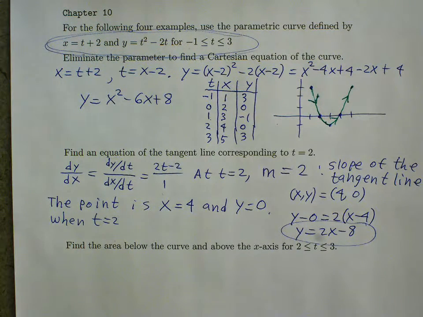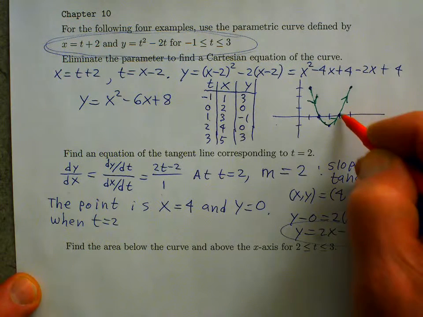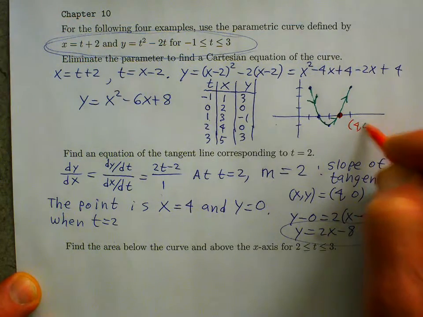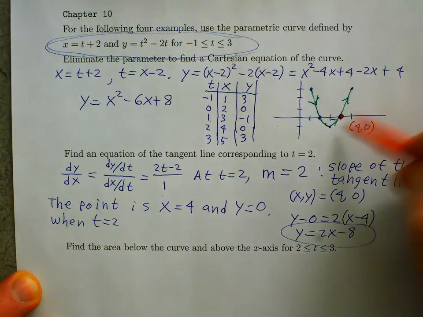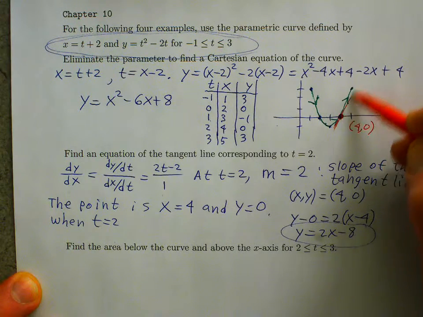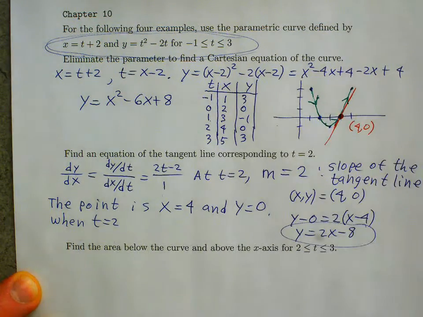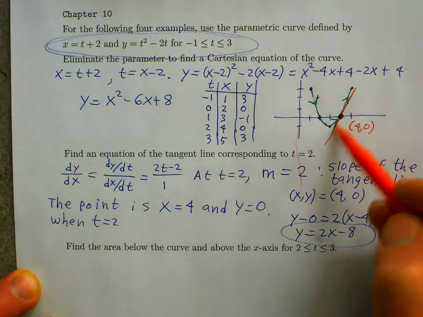So we can look at our graph and see if that is believable. So this point right here is 4, 0. And I suppose it's conceivable that the slope of that line that passes through that point is 2. At least it's positive. And then the y-intercept is negative 8.